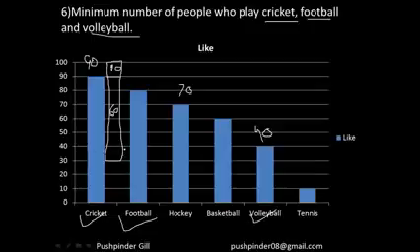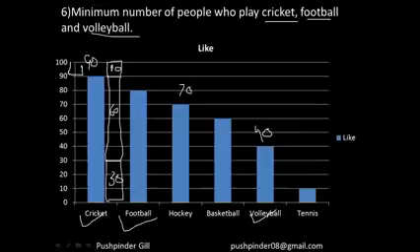Now if I squeeze 30 people here, now I have to see the minimum number of people who play cricket, football and volleyball, right? Now if I squeeze these 30 people here, okay, let's say these are the 30 people which are squeezed here, and I squeeze these 10 people here.